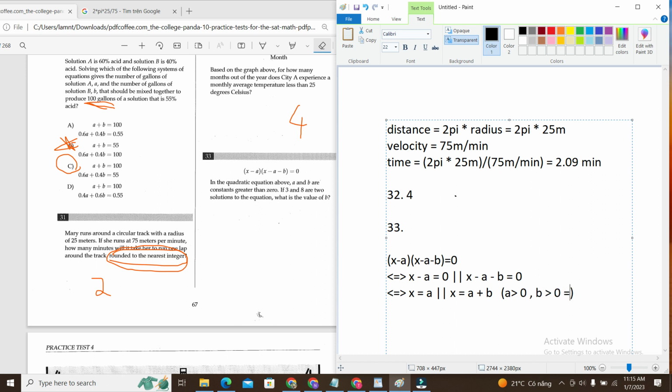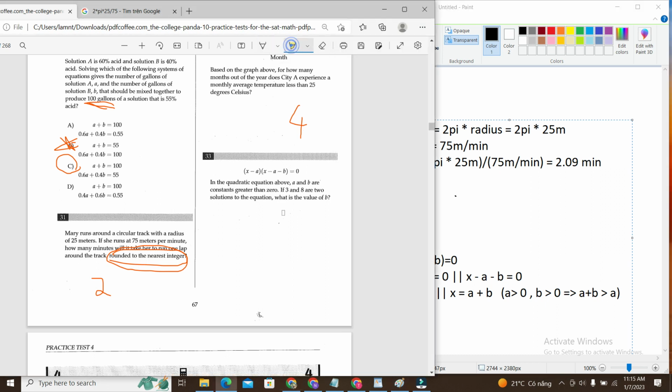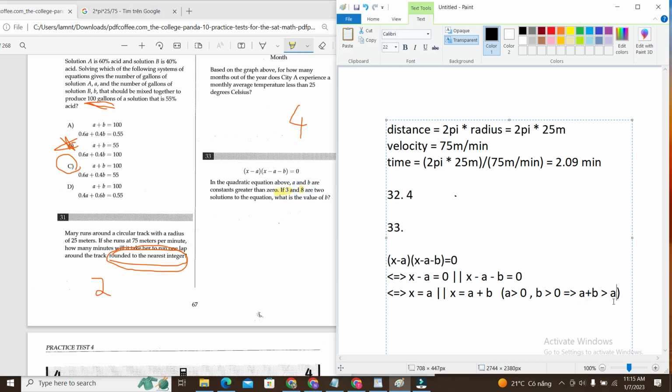So we can deduce that a plus b has to be bigger than a. So now we have two solutions here, which are 3 and 8.